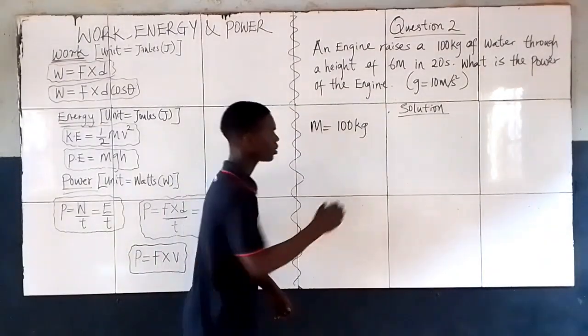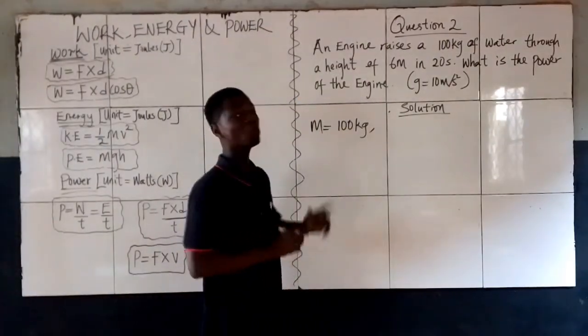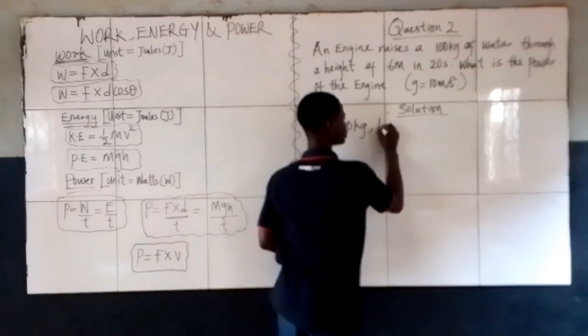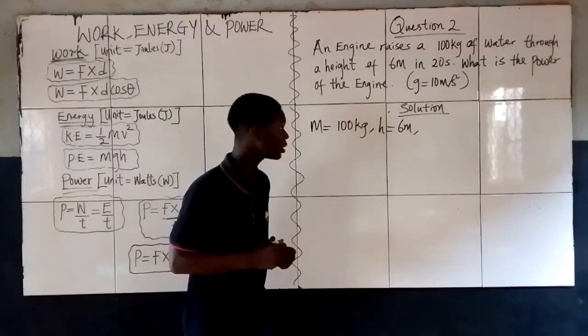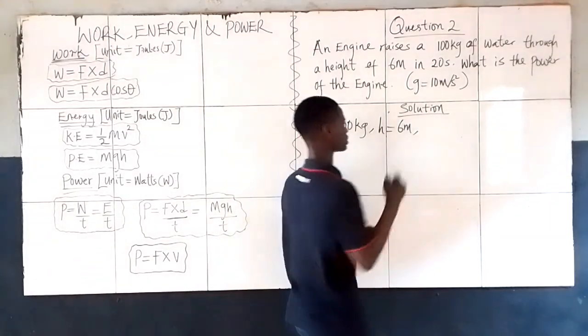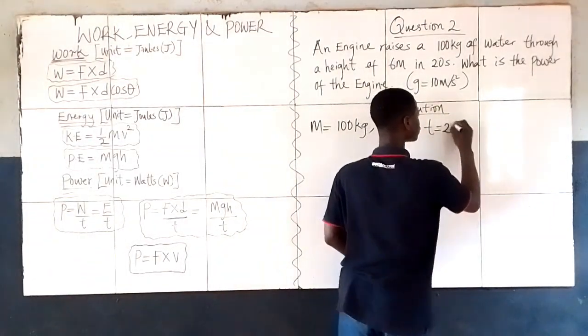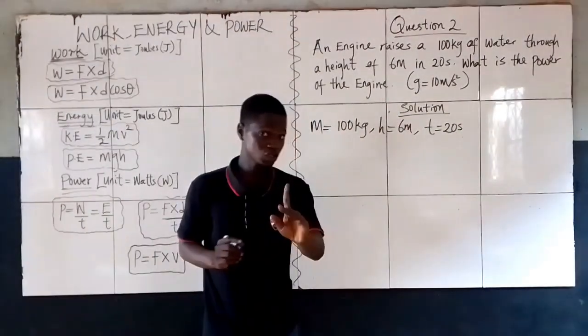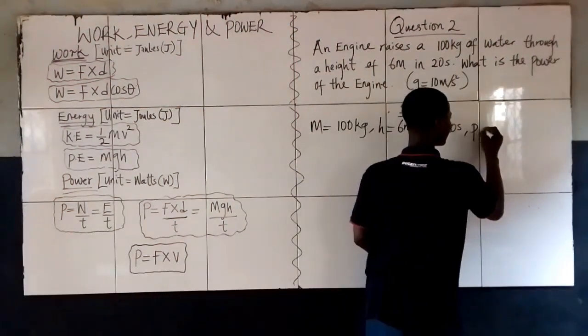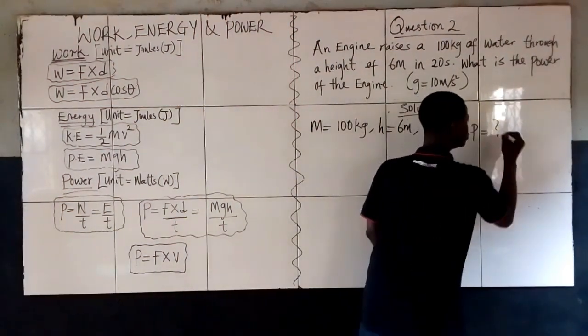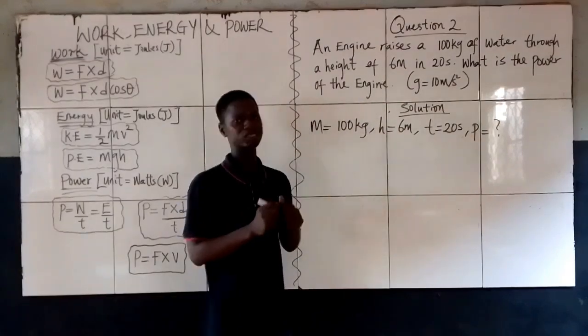Are we together? Now moving on from there, they said through a height h of what? 6 meters. That's what we have. In 20 seconds, that's time. Time equals 20 seconds. They didn't stop there. They said, what is the power? So P, which is the symbol for power, is unknown in this very question.